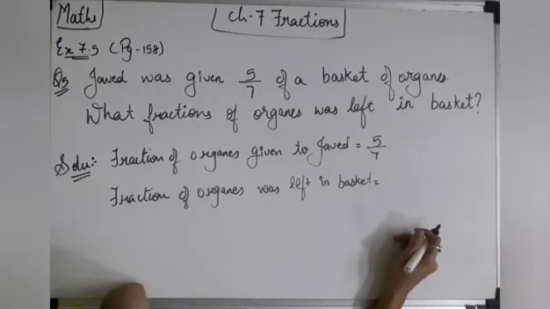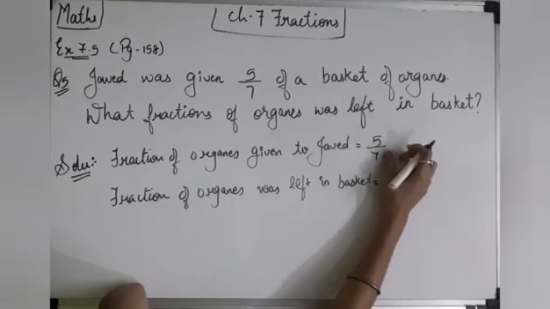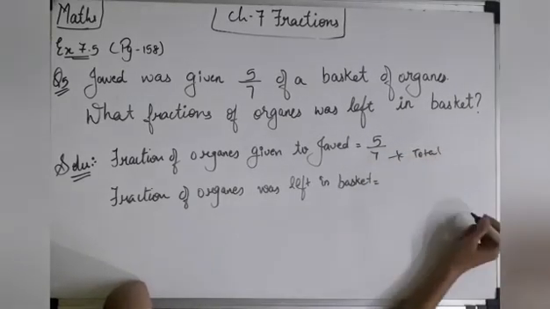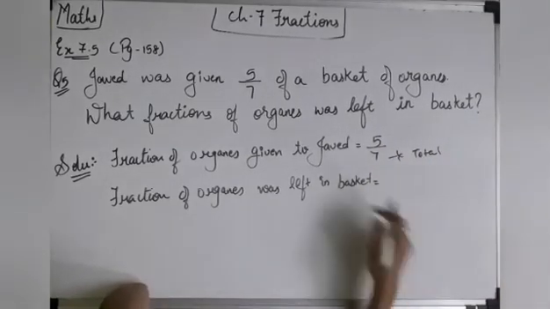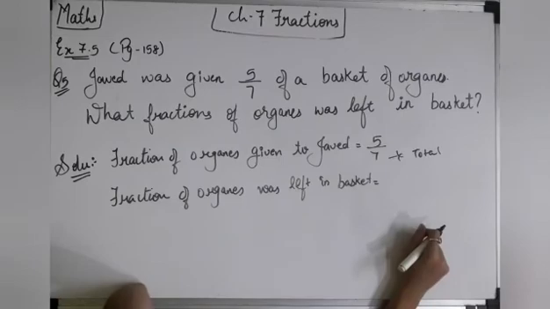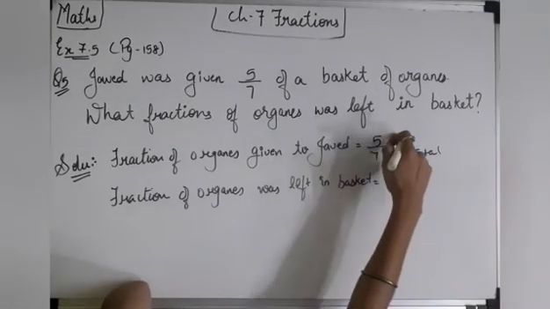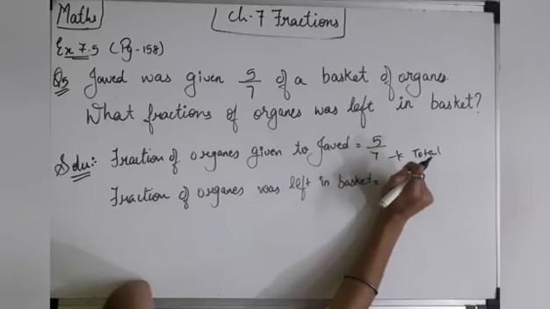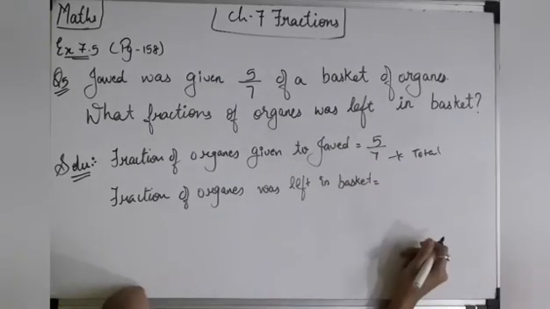But as you can see, in the denominator 7 is written. 7 means what? It is the total, right? So the basket of oranges was divided into 7 equal parts and 5 parts were given to Javed. So how many are remaining, that we have to find.